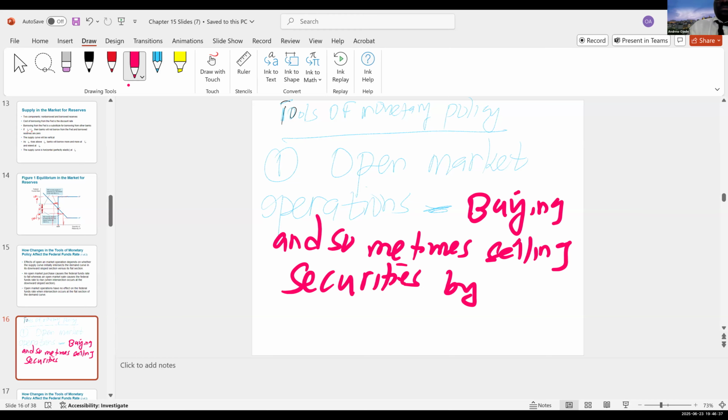So the idea here is that when the Fed buys $100 billion of bonds, we know that the change in reserves in the banking system is going to go up by $100 billion. But remember, the monetary base, as we saw in chapter 14, is the sum of currency plus reserves. So once reserves go up by $100 billion after the Fed has bought bonds, the change in the monetary base is also going to go up by $100 billion.